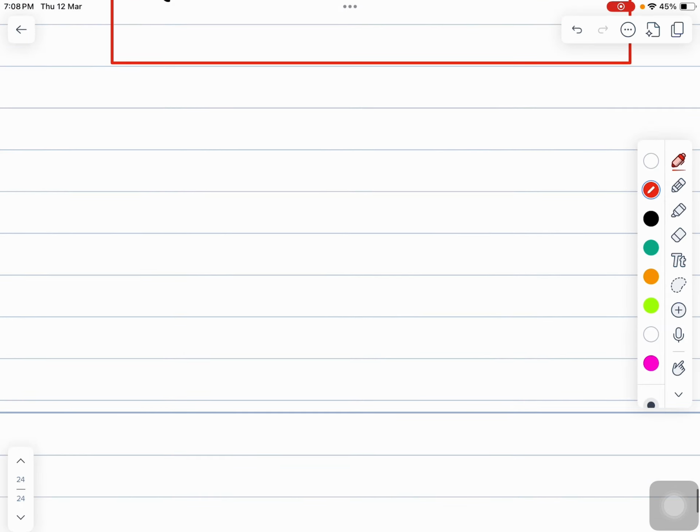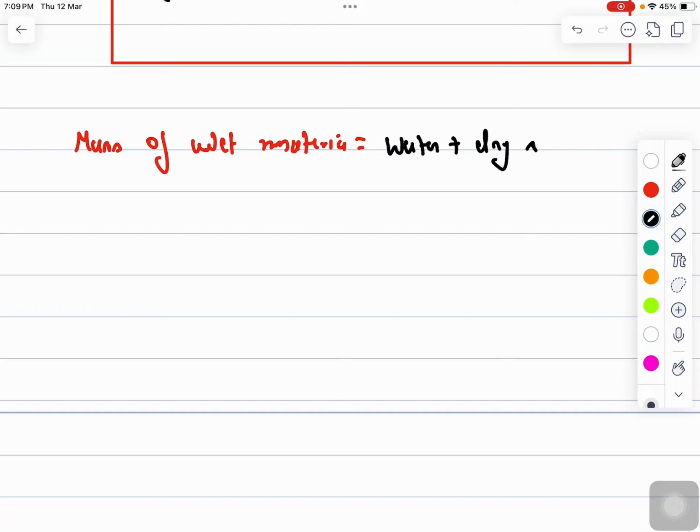So what I have told you, the mass of wet material is equal to the mass of obviously water plus the mass of dry solid. That will give you the mass of wet material.